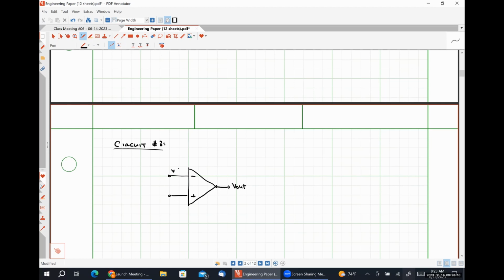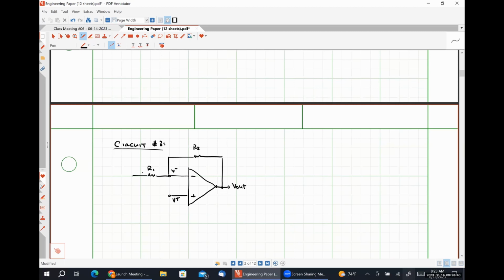Here is V minus and V plus. We're going to have that feedback resistor R2 yet again. We're going to have that resistor R1 connected to the inverting input terminal.